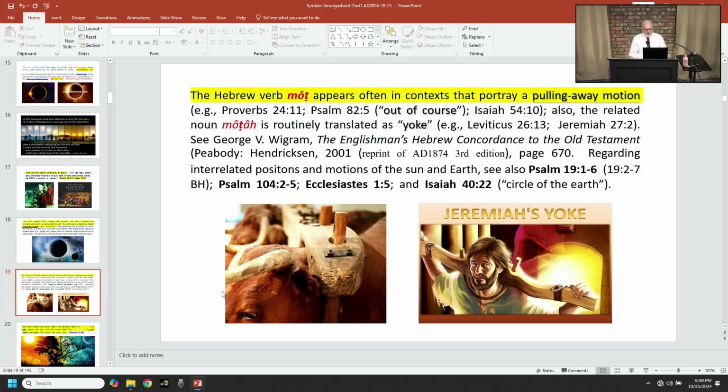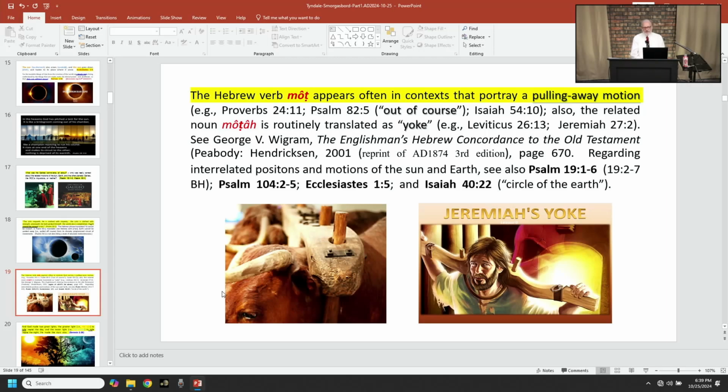So here is a set of the verses that you could look at to do further study on this. The Hebrew word mot appears in context to portray a pulling away motion, a yanking off course kind of thing. So Proverbs 24:11, Psalm 82:5 uses the phrase out of course, Isaiah 54:10, and the word yoke appears in Leviticus 26:13 and Jeremiah 27:2. So that's a related word.